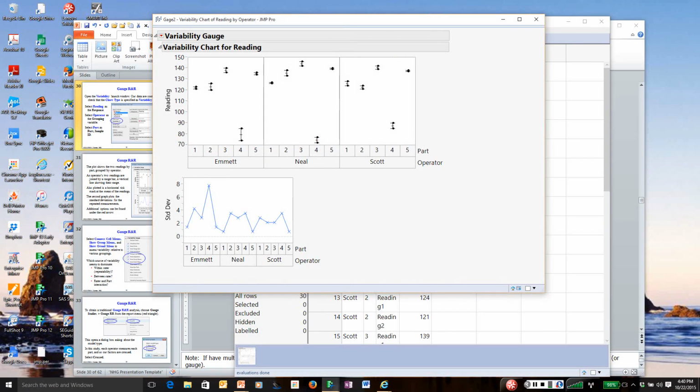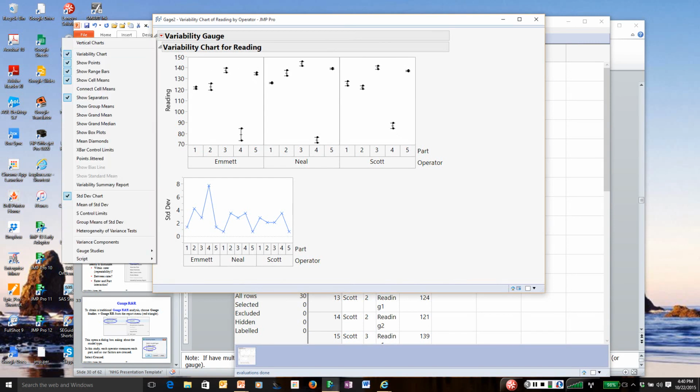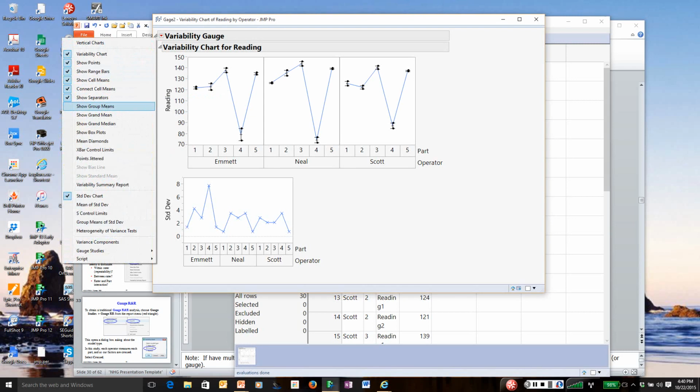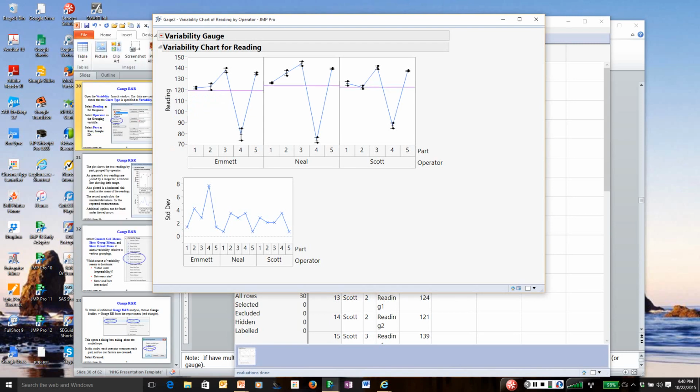Okay, that's a popular term in Six Sigma. And in the report menu, there's a few things I think are of interest to look at. One, I like to connect the cell means for the visual effect. And I like to look at the group means. So the three group means are the averages for each of the operators.